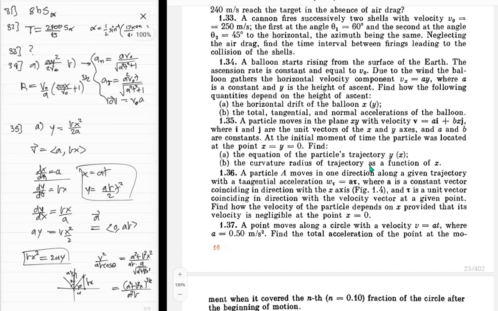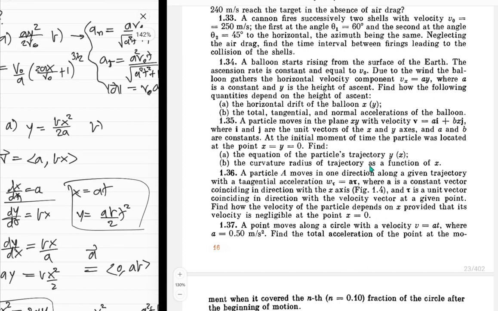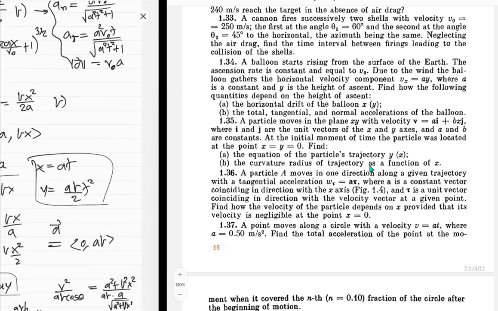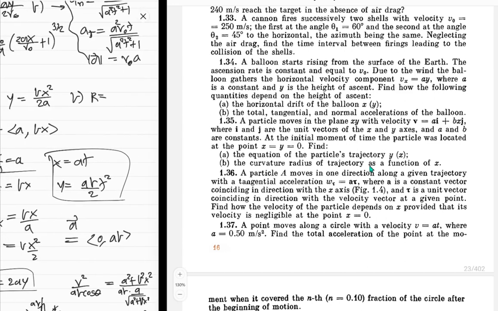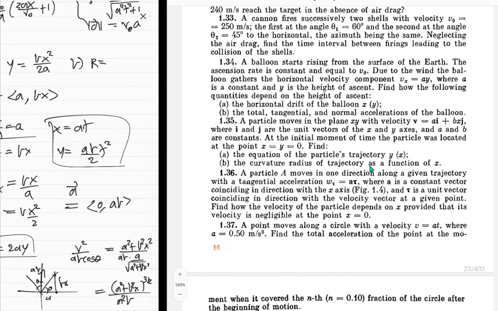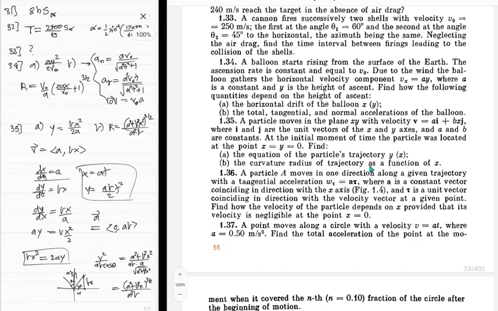Now I have to put that in. So B, that is the second thing. So radius of curvature, that is this quantity. Simplified somehow? No. A squared B, that's it.